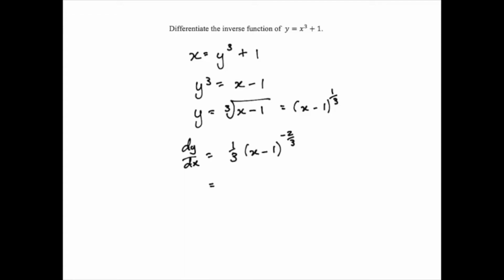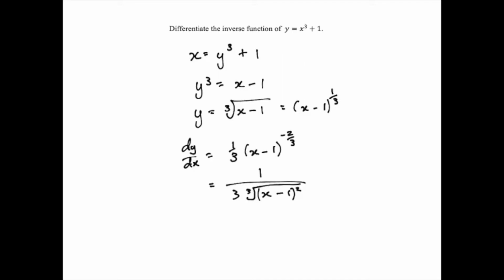So right now I have the derivative, but I just want to write it as a root, so 3 cubed root of x minus 1, and that's squared. Okay, so that is the derivative of our inverse function.